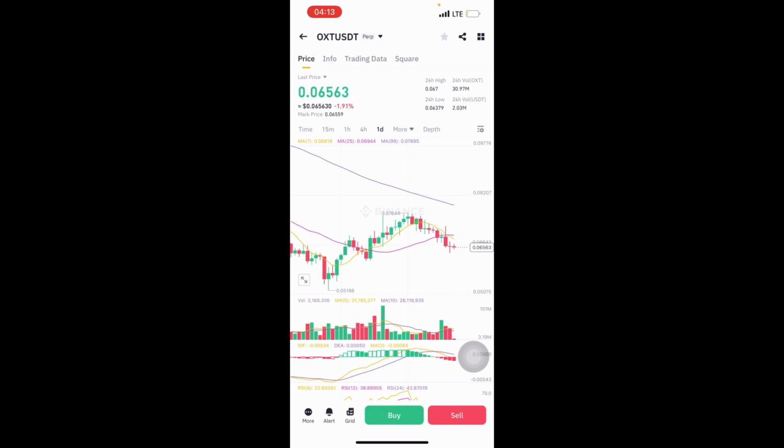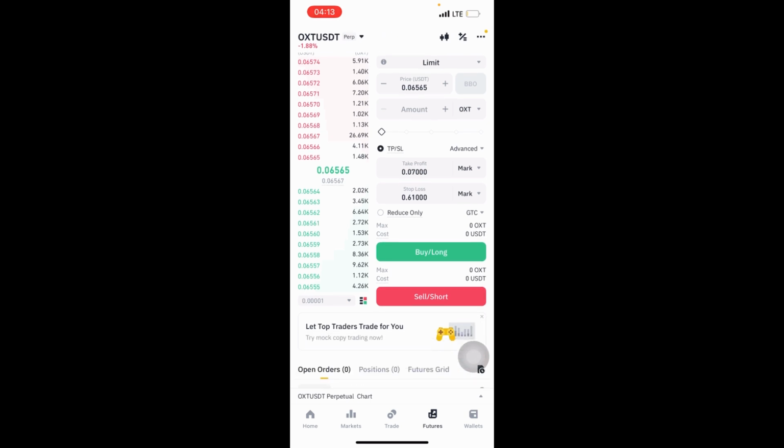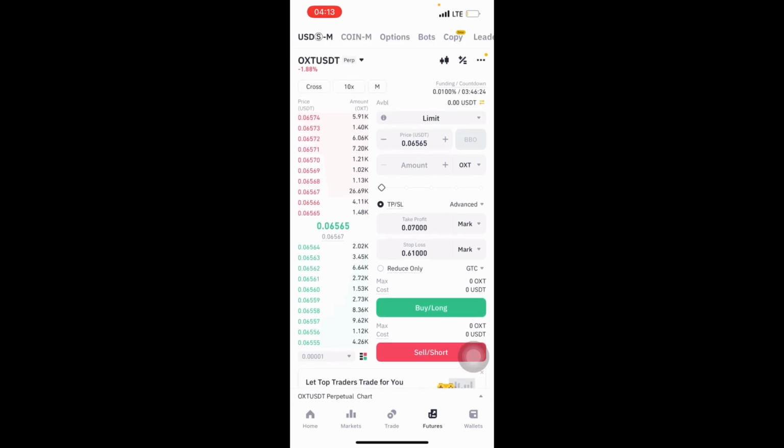But when I say buy long and it's going green, going up, that means I'm gaining money like that. So when I go sell short and it's going red, going down, I'm making money like that. But when I go sell short and it's going green, going up, I'm losing money like that. That's what sell short and buy long mean.